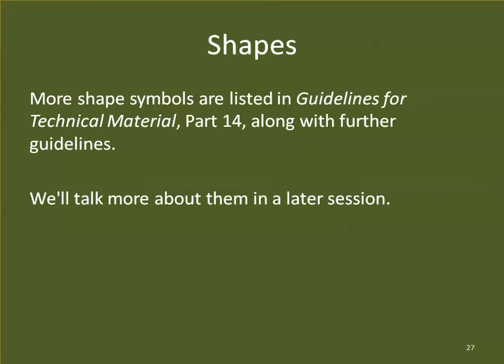Much more about shape symbols is listed in that other volume called Guidelines for Technical Material in Part 14, along with some other guidelines about how to use shapes. We'll talk more about that when we talk about technical material in another session.